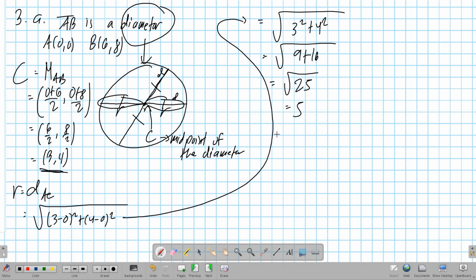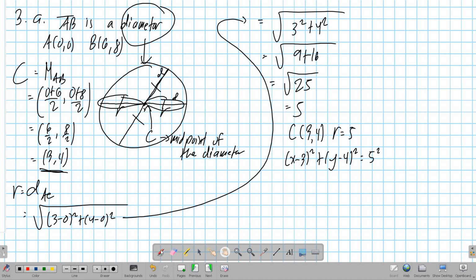So the radius equals 5. Therefore, the center is at (3, 4), the radius is equal to 5, then the center-radius form of the equation of this circle is x minus 3 squared plus y minus 4 squared equals 5 squared, which is 25.